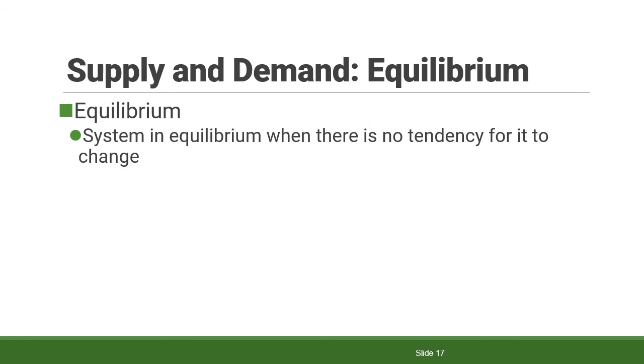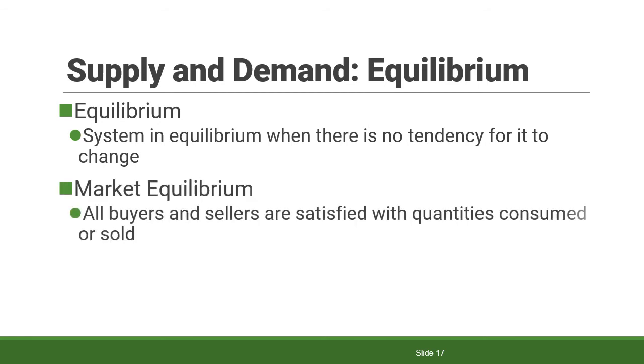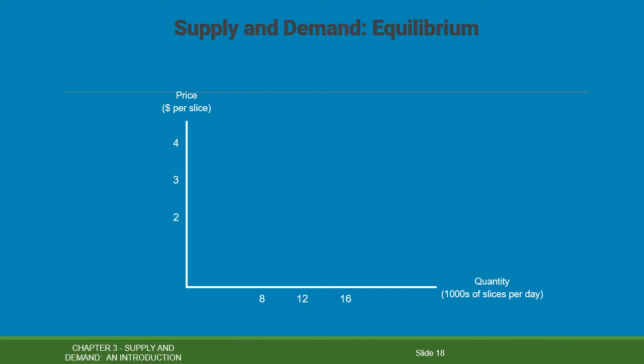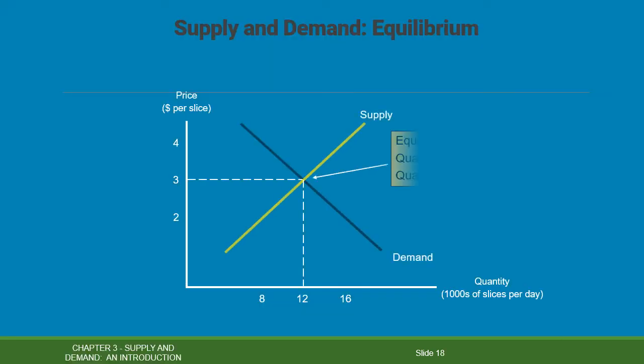So this is where both demand and supply meet, wherein consumers are happy with the quantity being produced and the price it's being sold at, and producers are willing to produce at the price it's being sold at. So market equilibrium refers to when all buyers and sellers are satisfied with the quantities consumed or sold.